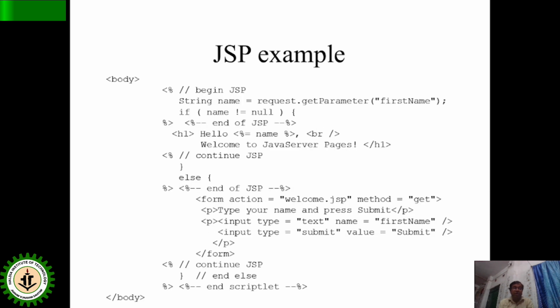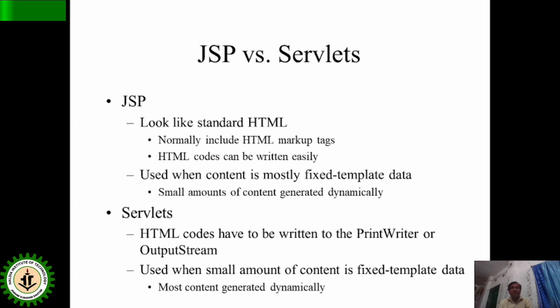This is the JSP example: we write the Java code in the HTML file, within these special signs, embedded within the HTML file structure. A JSP looks like standard HTML, with normal HTML markup tags written easily, while servlets are basically server-side code which works with PrintWriter or output stream for a small amount of content.